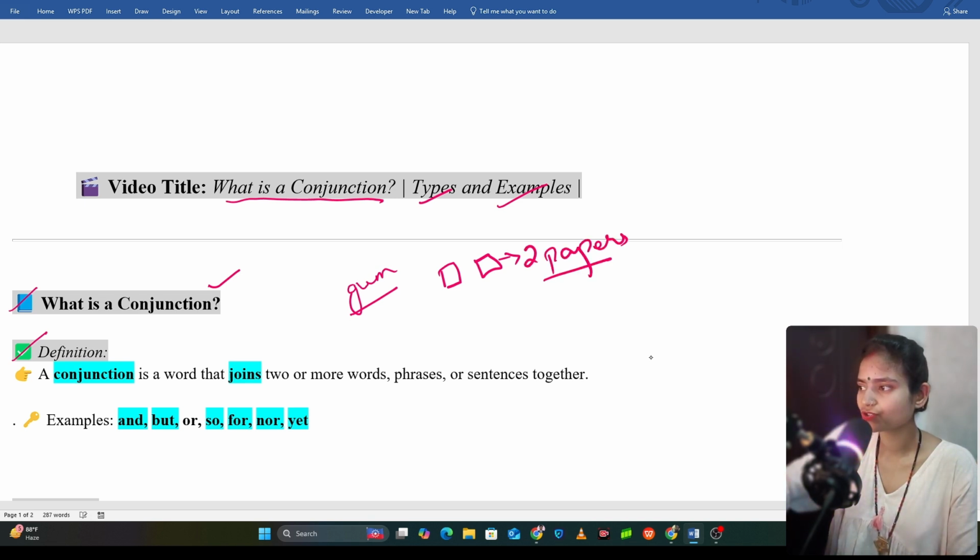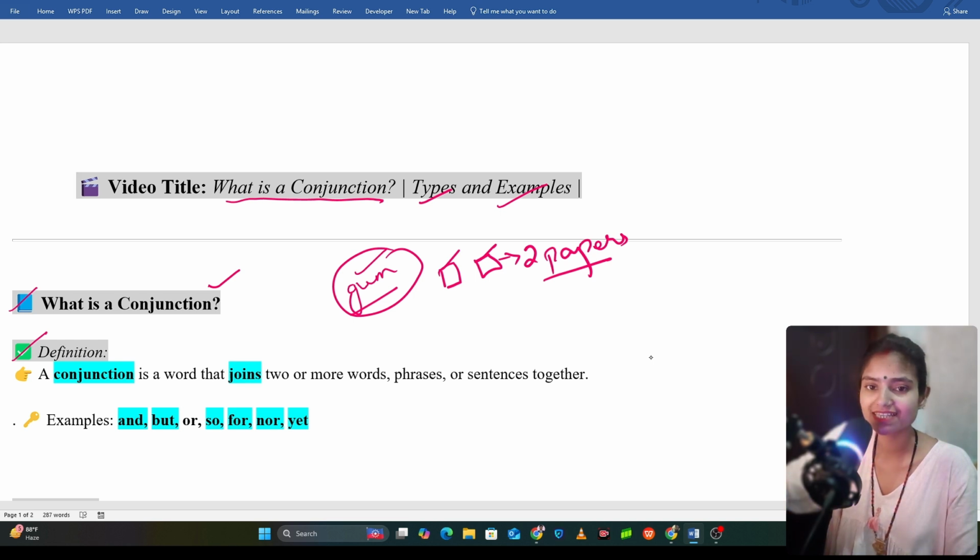Suppose I want to stick these papers together. With the help of what will I stick? With the help of gum. The gum is helping to stick the papers. So the conjunction is just like gum, that which connects, which joins.